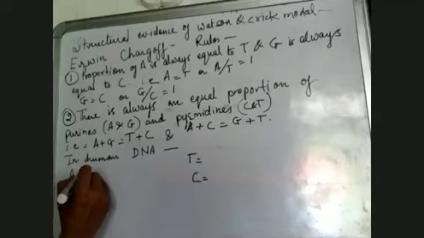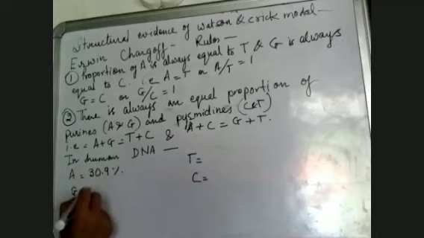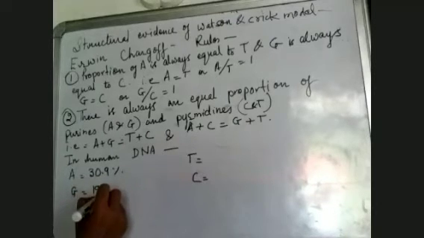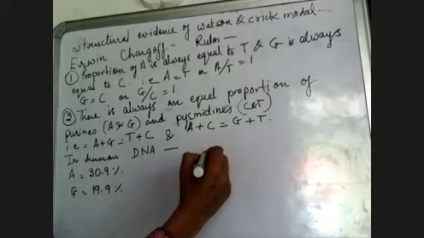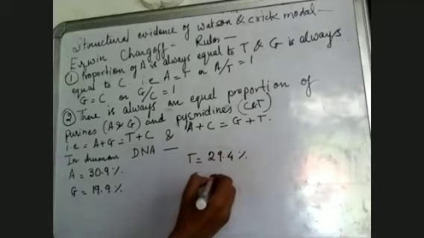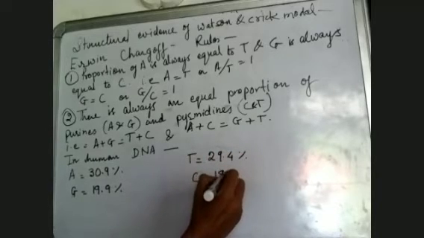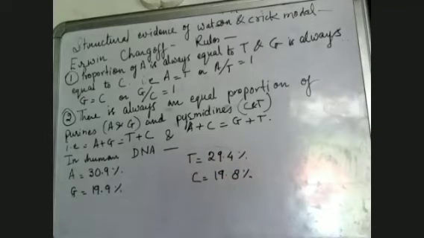Adenine is 30.9%. Guanine is 19.9%. Thymine is 29.4%. And cytosine is 19.8%. So this is the percentage of various bases.